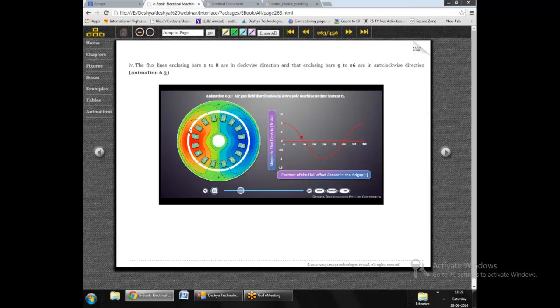These bars enclose the maximum number of flux lines, whereas bar 1 encloses the least number of flux lines. Similarly, bar number 13 and bar number 12 enclose the maximum number of flux lines, and bars 15 and 9 enclose the minimum number of flux lines.